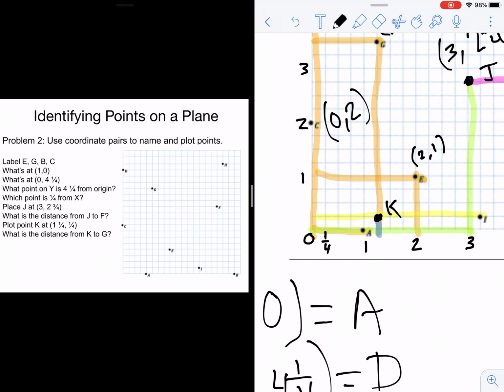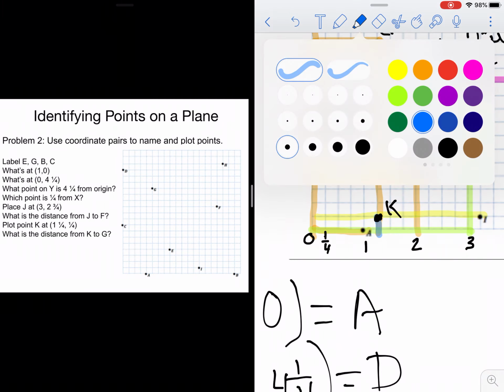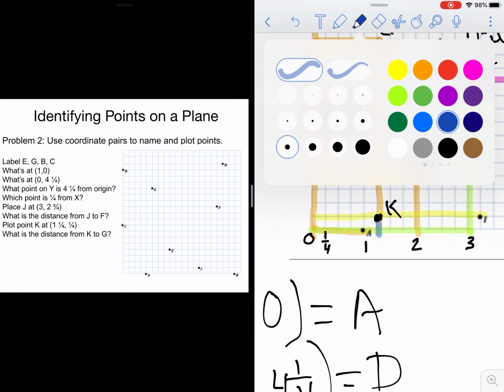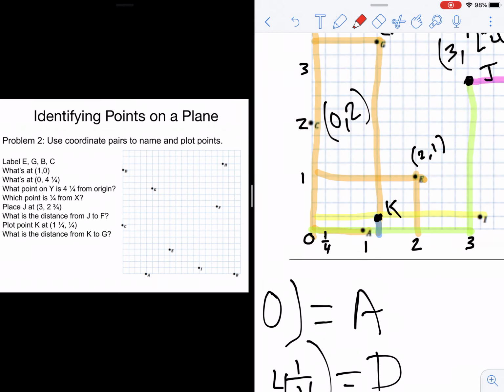And then the last one, what is the difference from K? I'm going to get my highlighter again. What is the difference from K to, I already used blue, yellow, green, orange, I'll go red. So from K up here to G, what is our difference?